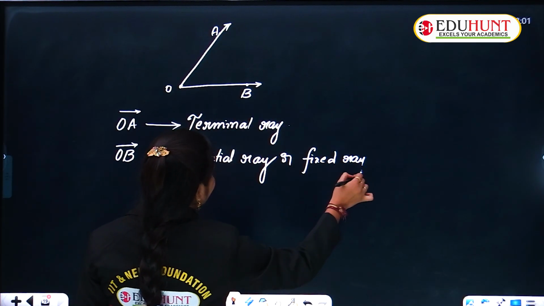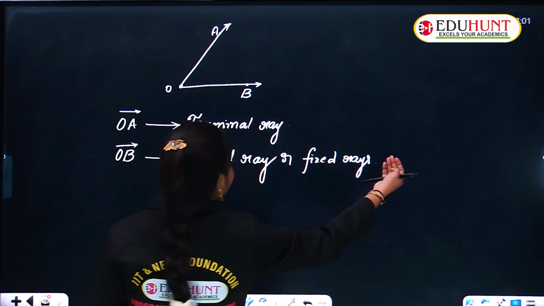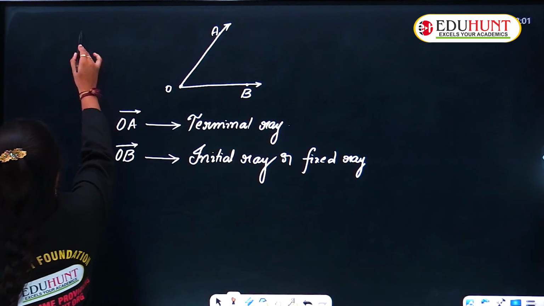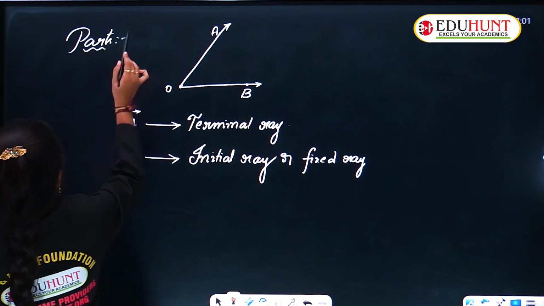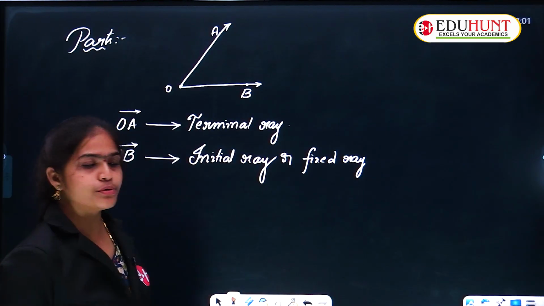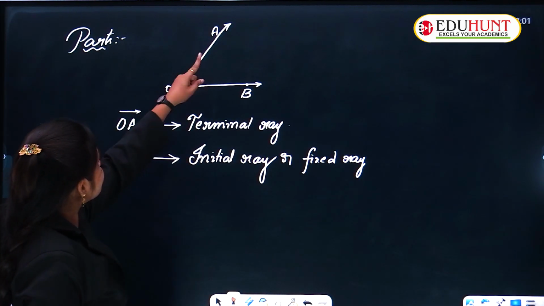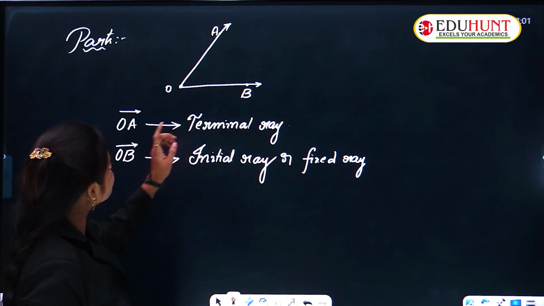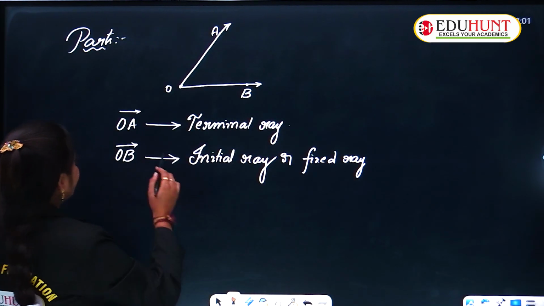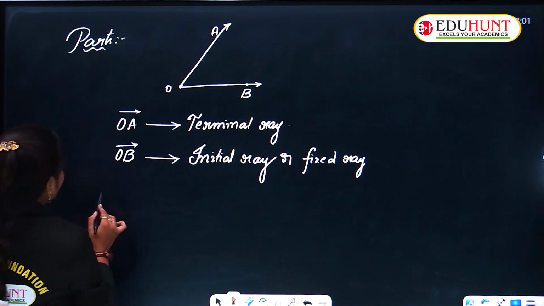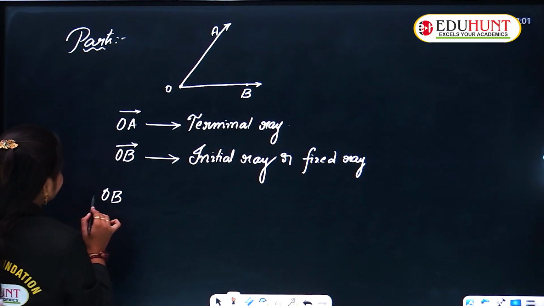First I will tell you the parts of an angle, and after that I will tell you the uses. OA is the terminal ray, OB is the initial ray or fixed ray. Now OA and OB are called arms.